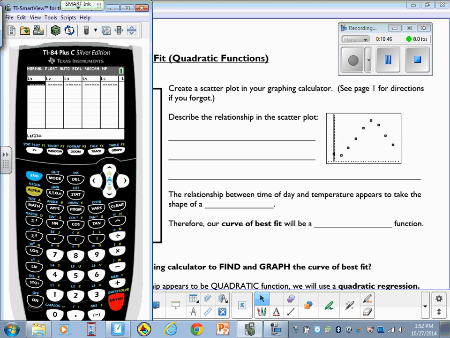And now I'm going to enter my new data. Hours will be my x. So 0, 3, 6, 9, 12, 15, 18, 21, 24.